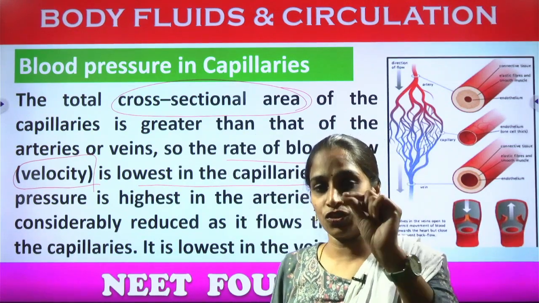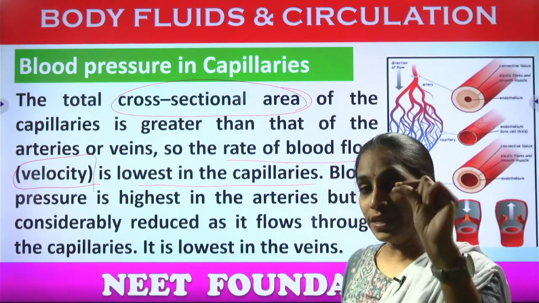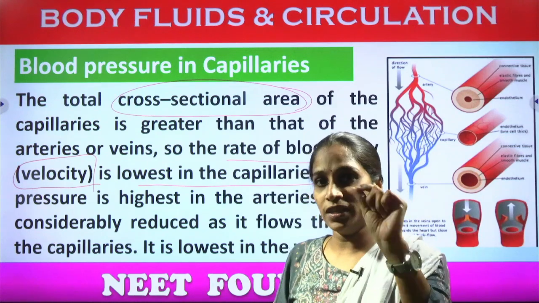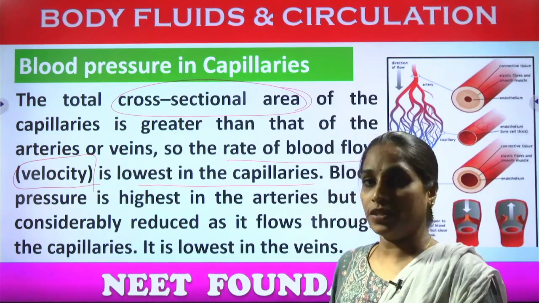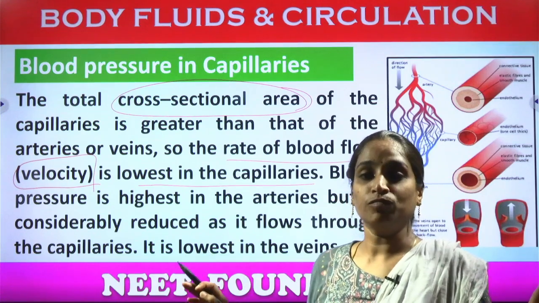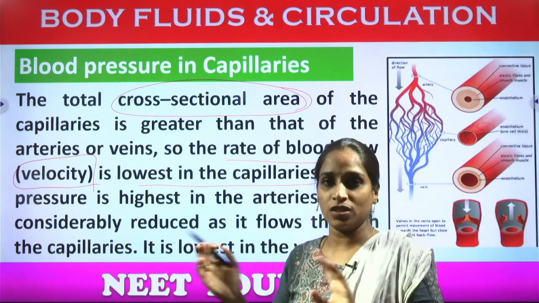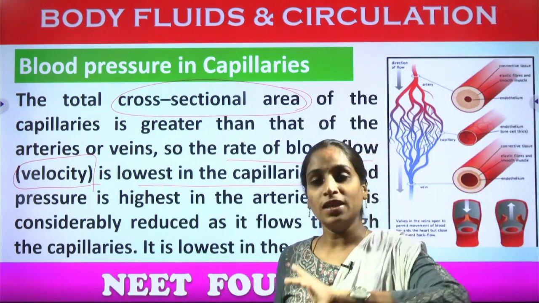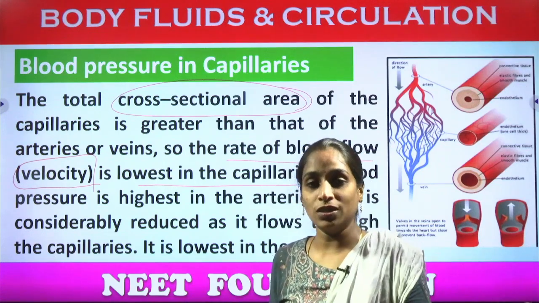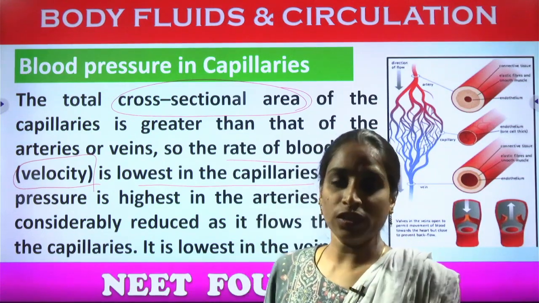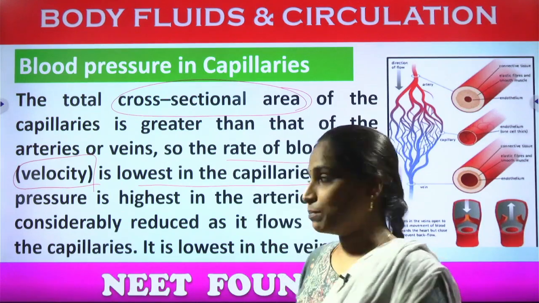It is a thin, single-layered structure. The endothelial structure of the blood capillaries is not able to create pressure, but it is able to receive the nutritive substances and send the waste substances to the targeted areas. That is the major function of the capillaries.